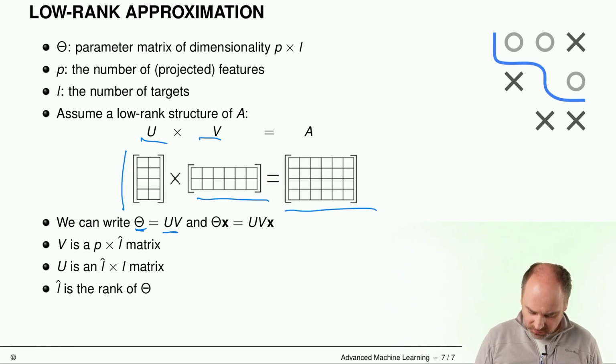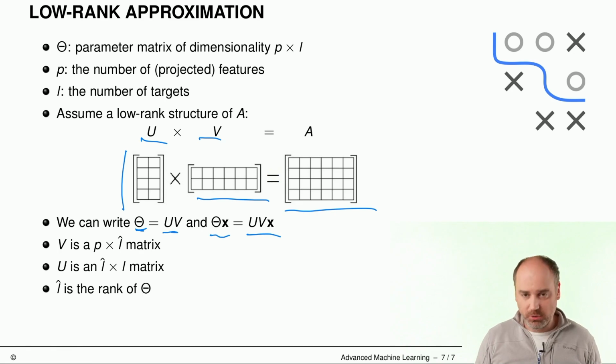Then phi times x, which will be our prediction, is going to be u times v times x, right? And we can now solve that. There are established tools for this, and we can also put further regularization on top of that if we wanted to. We can combine these things with all of the other things we have learned about, like mean target regularization, or even graph regularization techniques and so on. And this again can make everything computationally a bit more efficient.